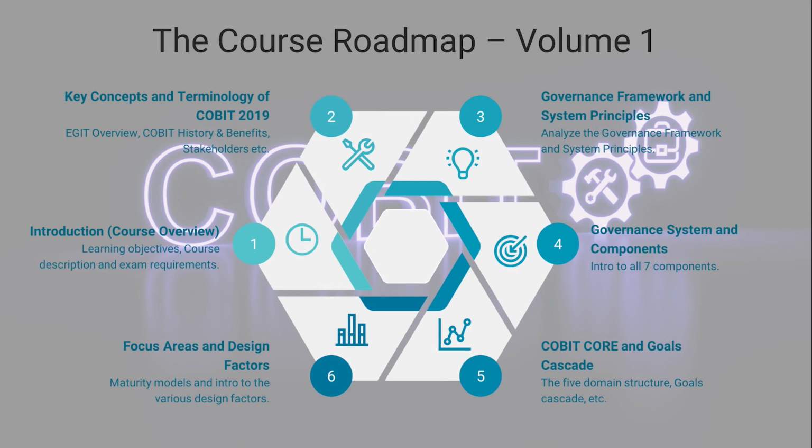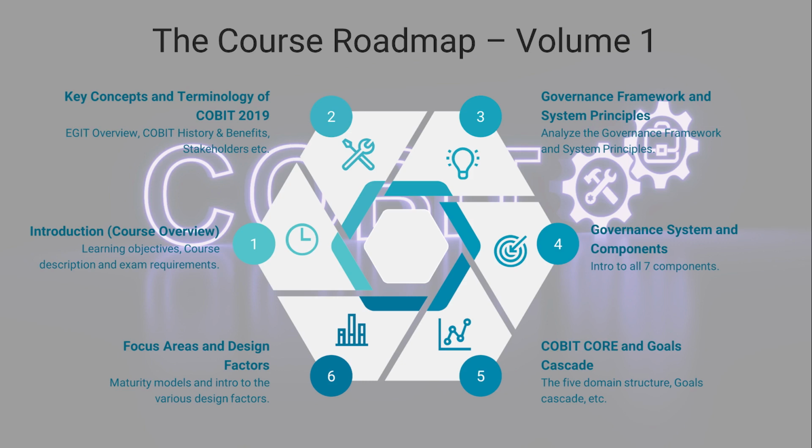As COBIT is based on a number of key concepts, our course roadmap will explore each of these concepts in great detail. So some of the important modules that we'll go through as part of Volume 1 are initially the introduction to the learning objectives, the course description, and important requirements around the exam in order to prepare for the exam. Then we'll talk about key concepts in terms of EGIT.